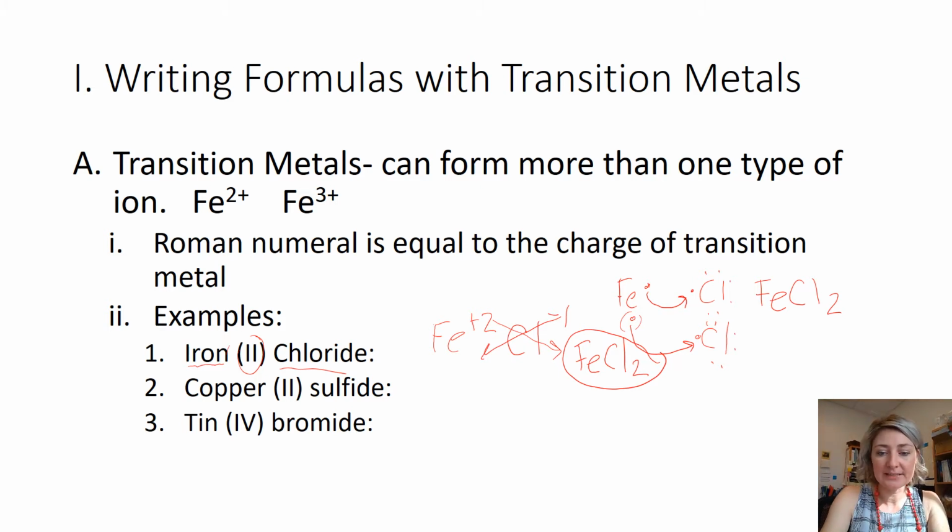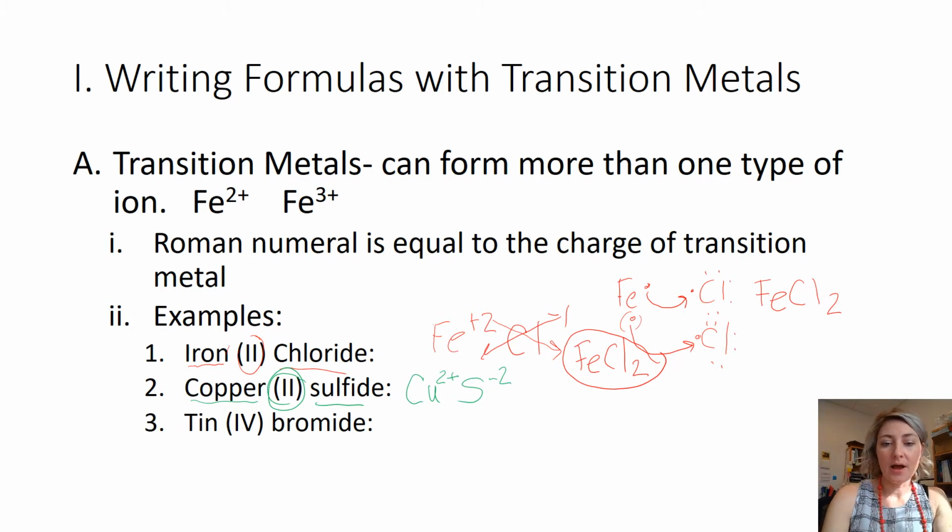All right, next example is copper(II) sulfide. Let's start by writing the symbol for copper, which is Cu. Copper is a transition metal. I don't know what the charge is, so I'm going to look at the Roman numeral. It tells me we're dealing with copper 2, which has a 2+ charge, and sulfur is the symbol S, and sulfur has a charge of -2.